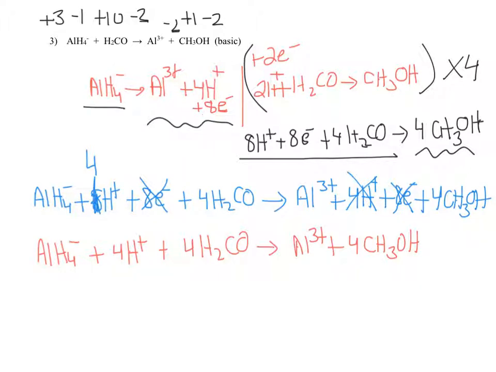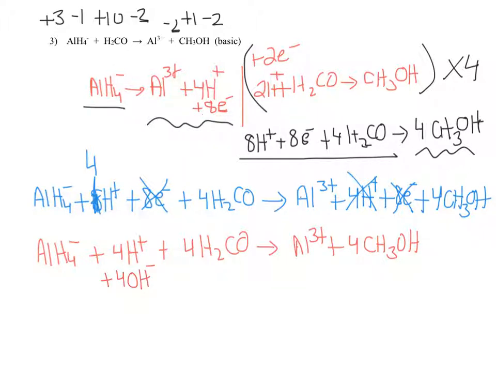The hydroxide in the base reacts with the H plus in the acid, and they form water. So if it's a basic solution, that means you have a lot of OH minuses, not H pluses. So what this is saying is for every H plus, you add an OH minus. So here we have 4 H pluses, so you add 4 OH minuses.